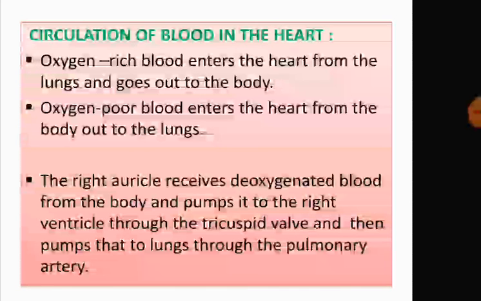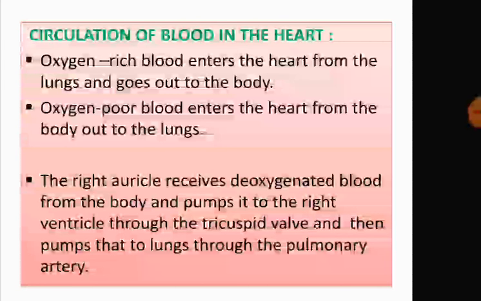They stop the backflow of blood. There are also chordae tendineae, left and right, that hold the valves in position. So the only course left for the ventricular blood is to enter the pulmonary artery from the right ventricle and the aorta from the left ventricle.